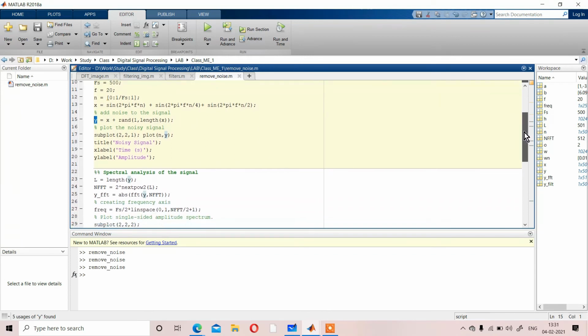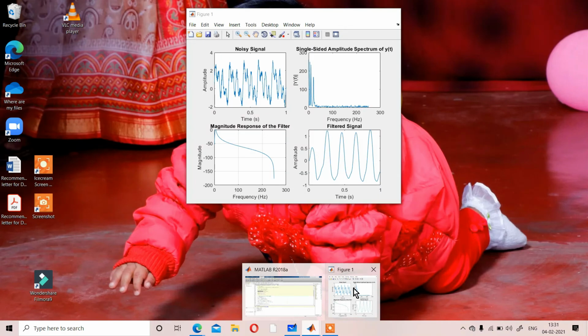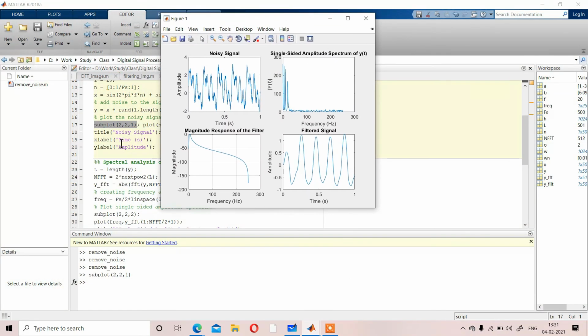Okay, so I think all of you know the function of subplot. Basically subplot is used to display the plot of a sequence. The first position of the subplot, that is 2, defines the number of rows, the second position defines the number of columns, and the third position defines the position. So if we run the subplot, one box will come. 2 comma 2 means 2 rows, you can check it here, that is the first row, that is the second row, and the second 2 defines 2 columns, so that is the first column, that is the second column.